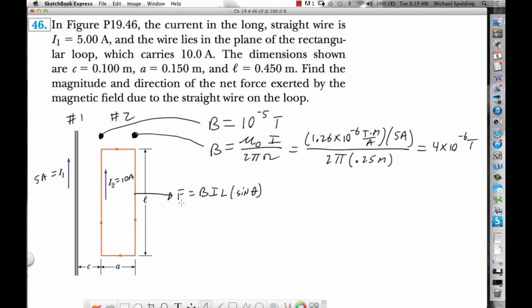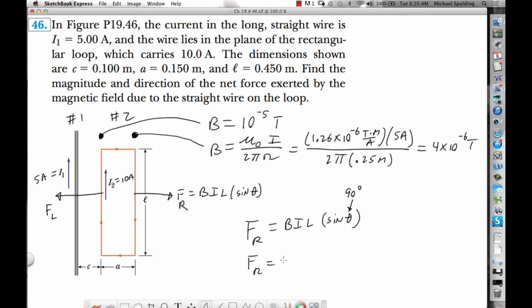Now, the next thing we do, we've got to calculate force right and force left. To find force right, you're going to go BIL sine theta. What's the theta here? It's the angle between the current and the magnetic field. So it's 90, and sine of 90 is 1.